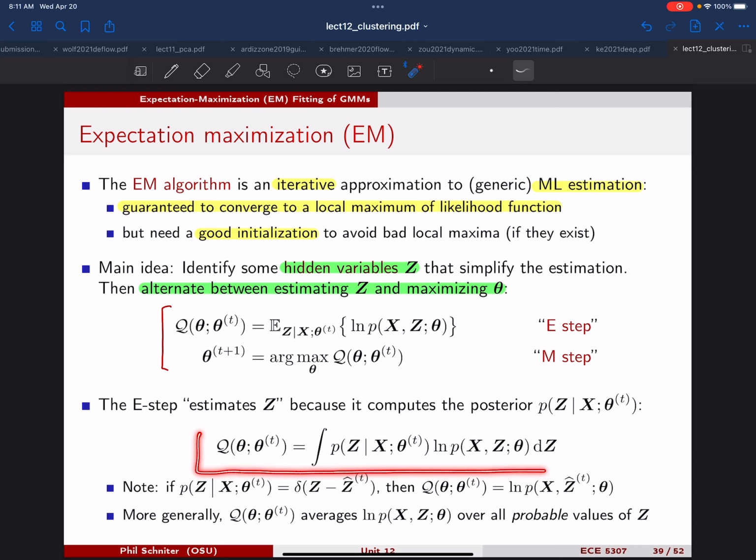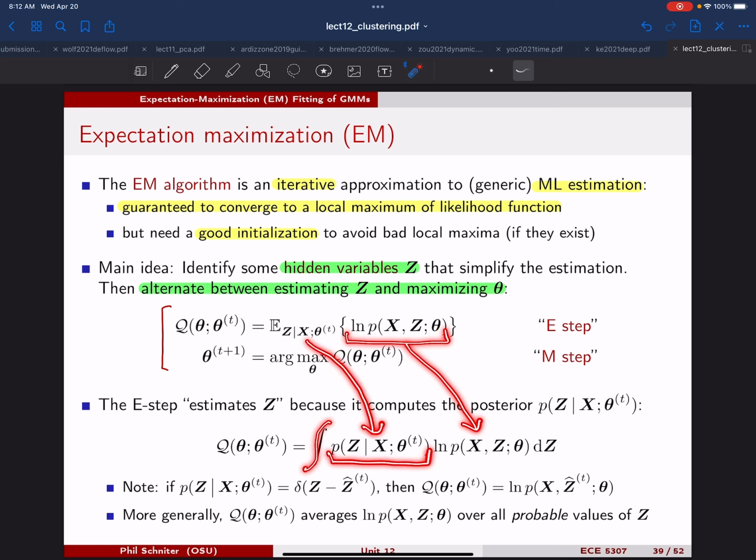Let's take a look specifically at the form of this expectation, just because there's a lot going on. When you have an expectation, in this case, this is the expectation of z given x and parameterized by theta t. That means you have an integral of this quantity here times the distribution that comes from this expectation.